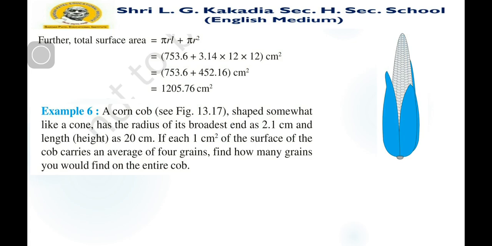If each 1 centimeter square of the surface of the cob carries an average of 4 grains, find how many grains you would find on the entire cob.